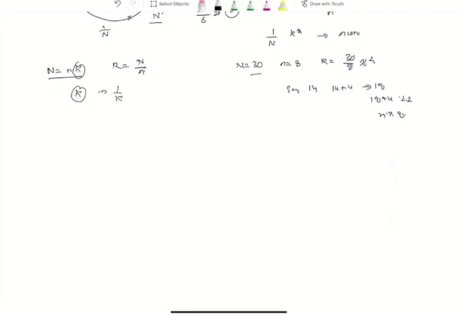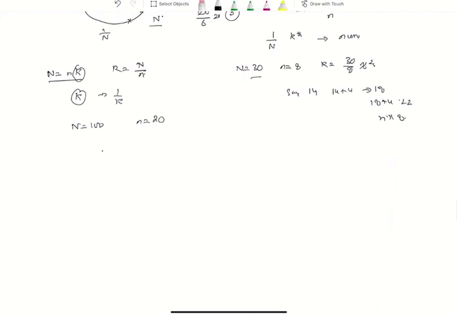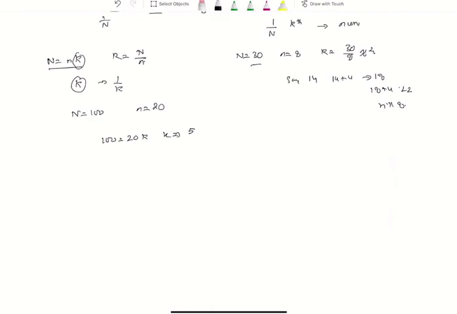To think of that, say N is 100 and we have n equal to 20. Then 100 is equal to 20 times k, so k is equal to 5. Thus, how many samples can we have?